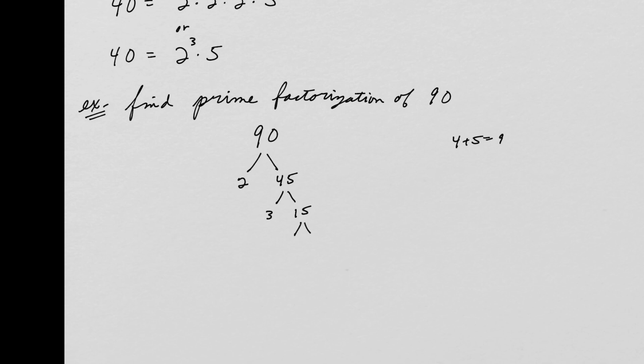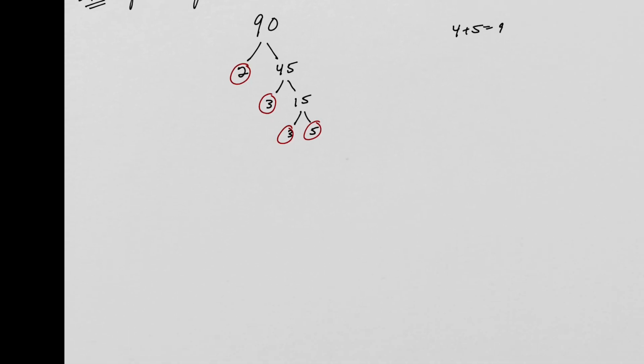Yeah, 3 goes into 15 5 times. And then I stop because now all these numbers are prime. Right? So 90, if I want to know its prime factorization, it's got to be 2 times 3 times 3 times 5. Or I could write it as 2 times 3 squared times 5.